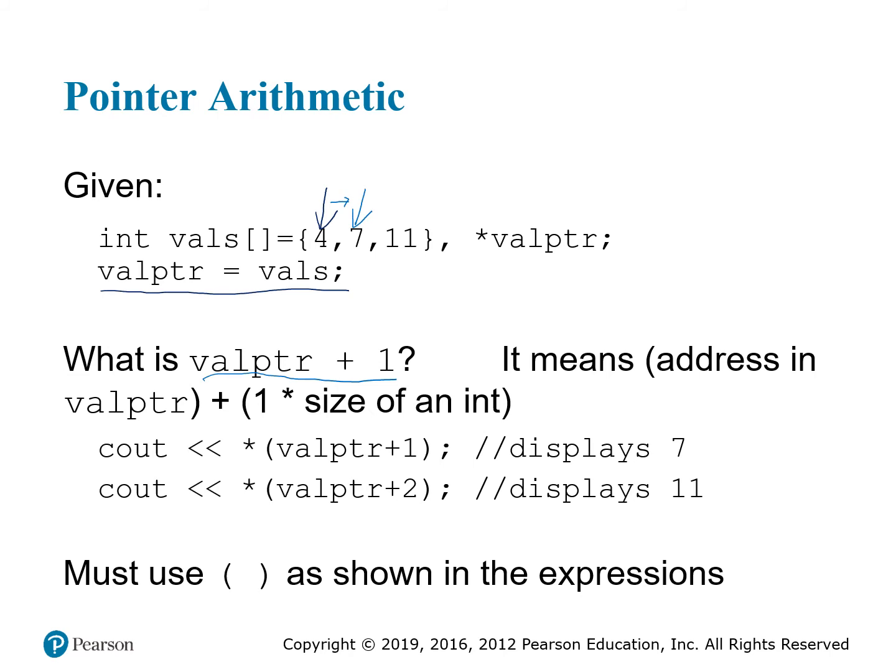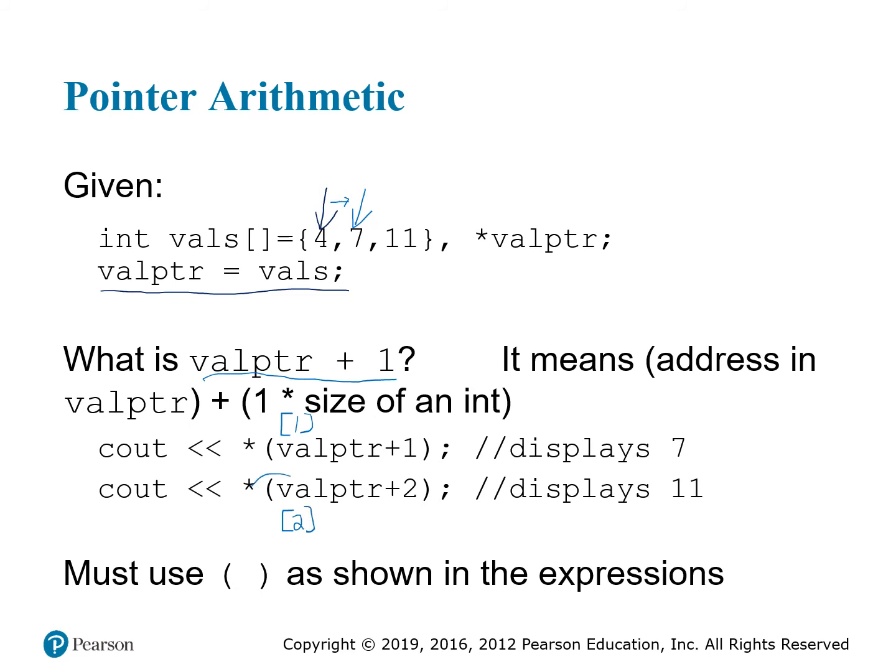Okay, so star parens val pointer plus 1 close paren is the same as the bracket operator 1.